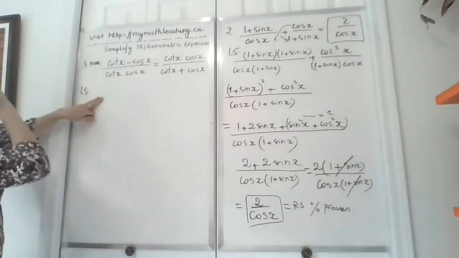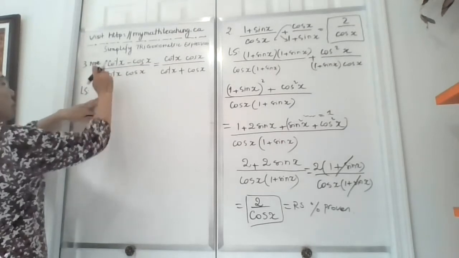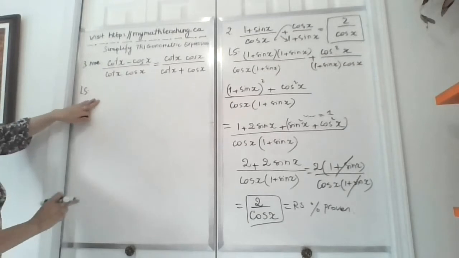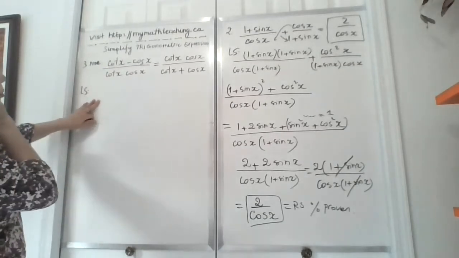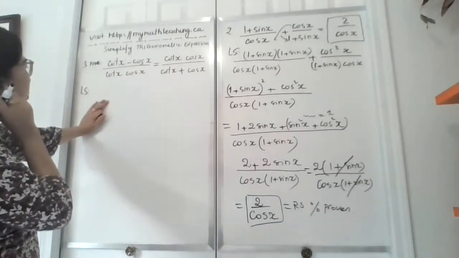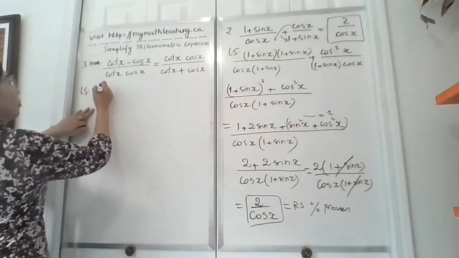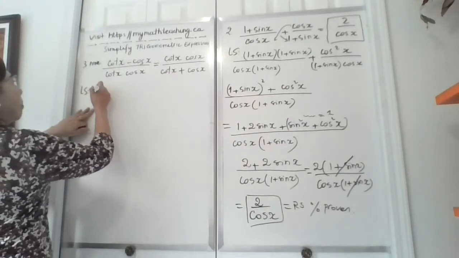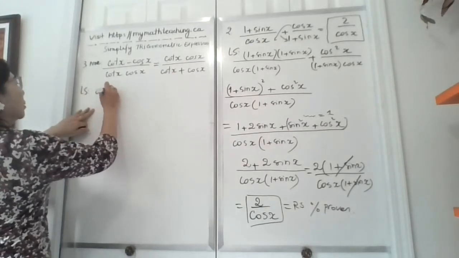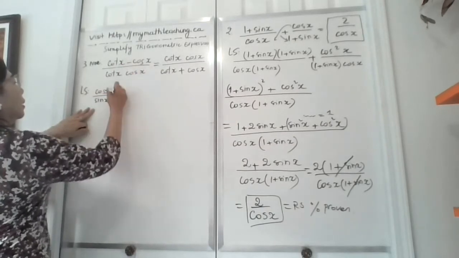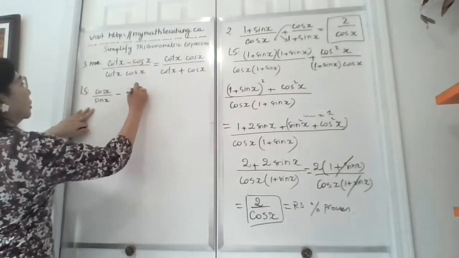Cos x minus cos x. I'm going to change this one because it looks like I can change it into something. I'm going to change this to cos x over sin x, and minus cos x.